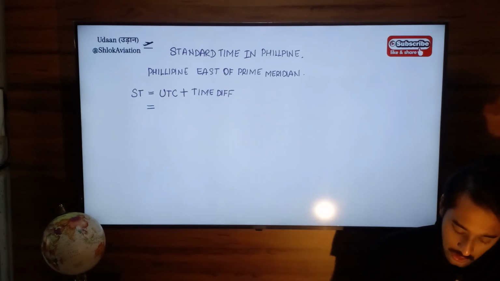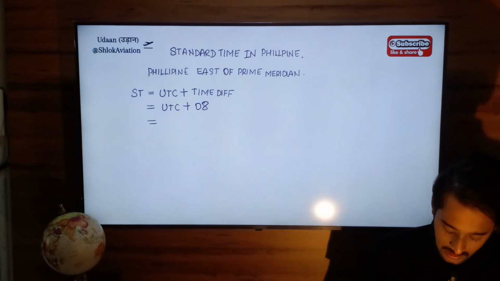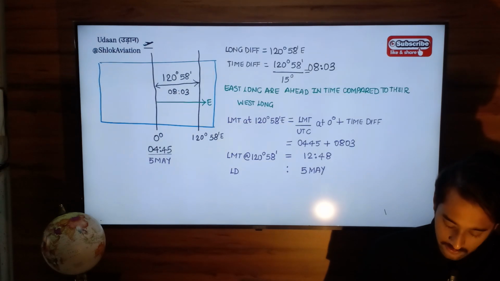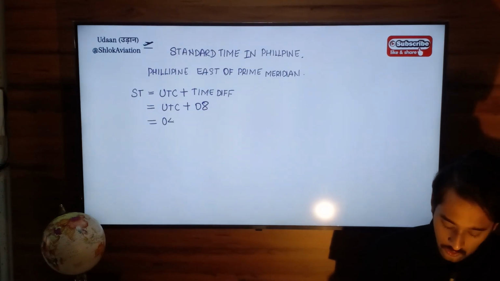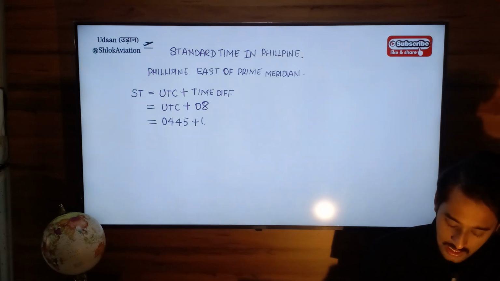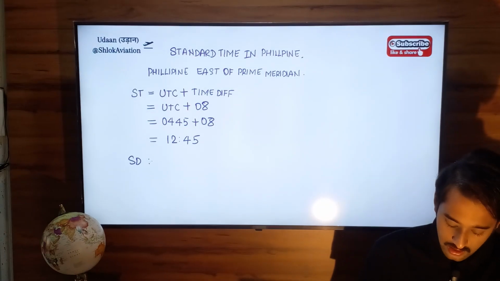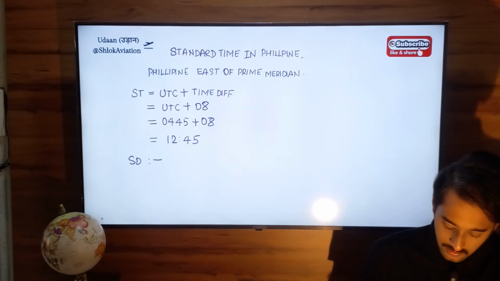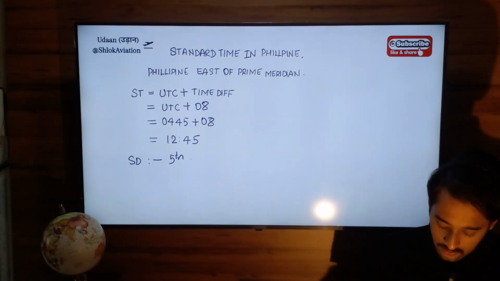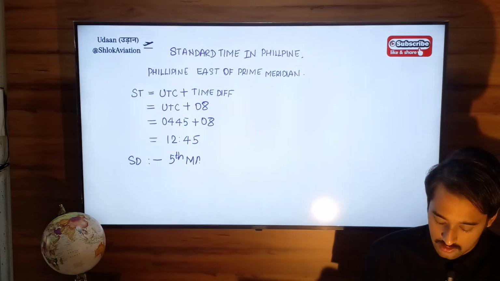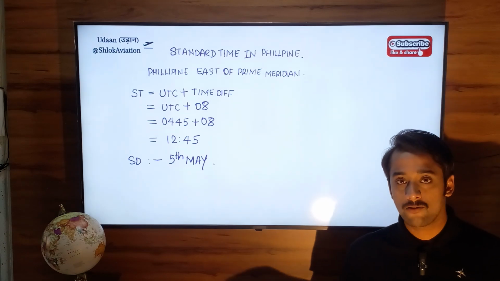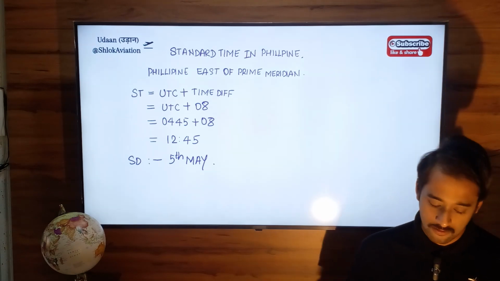So UTC plus 8, UTC at the time of landing is 0445. 0445 plus 8 will be 12:45 in the afternoon. And the date will be the same day, which is 5th of May. So standard time is 12:45, day is 5th of May.